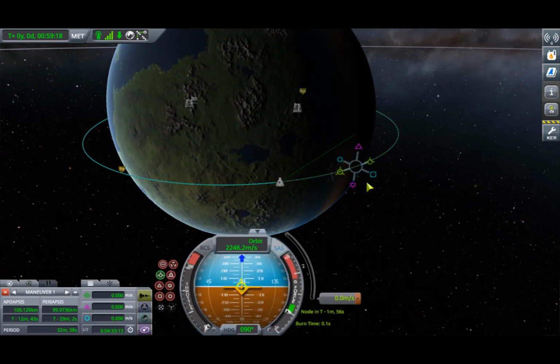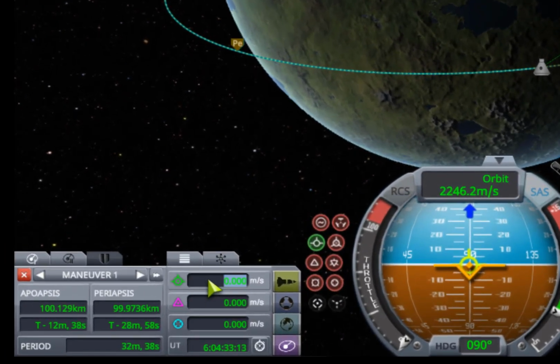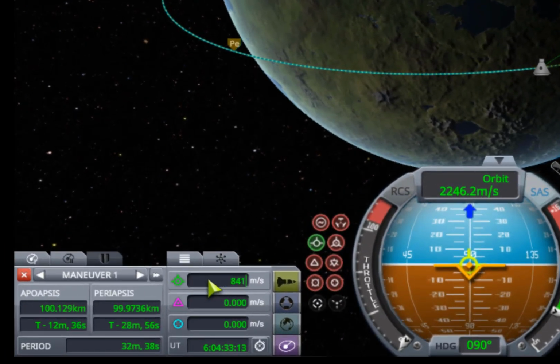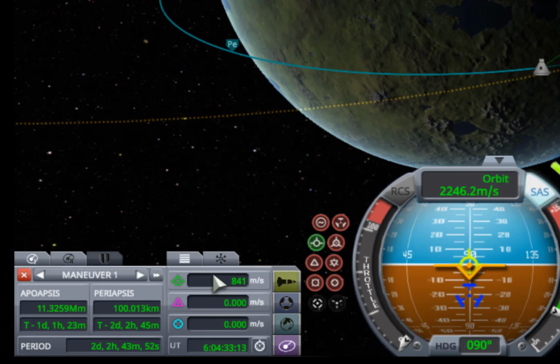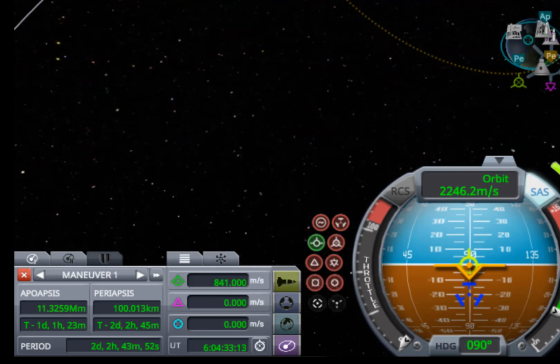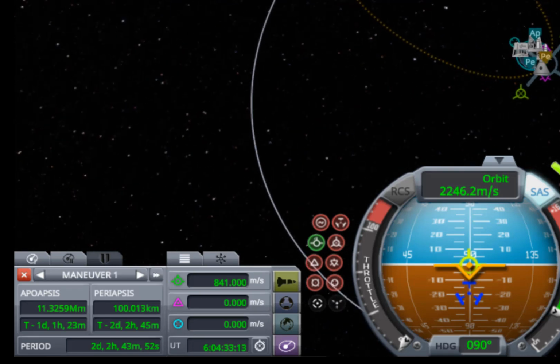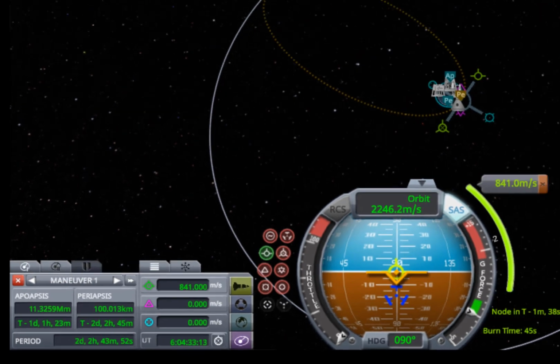We can do that here, add a maneuver. So we calculated a required delta V of 841 meters per second to reach the Mun. This is version 1.7 of the game, so we can enter that precisely at the bottom of the screen.